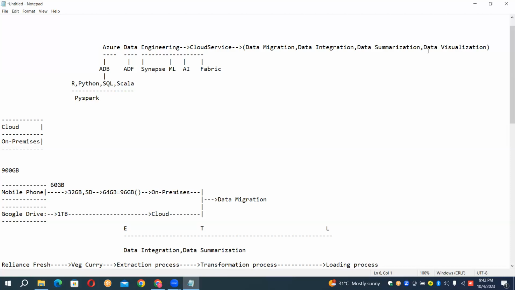As an Azure Databricks engineer, your job ends here. This job of data visualization is done mostly by the data scientist and the data analyst, not by us, but still we can generate it. That's not a problem.